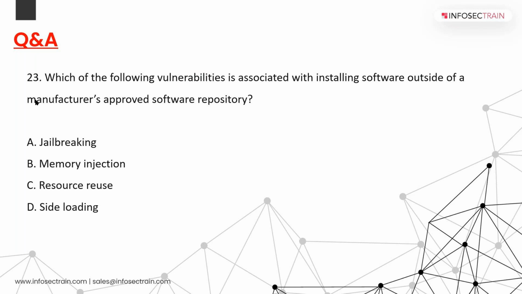Okay. So the question says, which of the following vulnerabilities is associated with installing software outside of manufacturer approved software repositories? The first is called jailbreaking. The jailbreaking concept means that, for example, you are the root user of your mobile phone, no doubt about that.